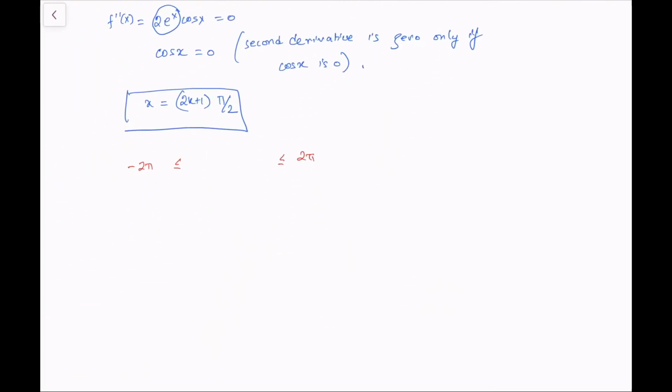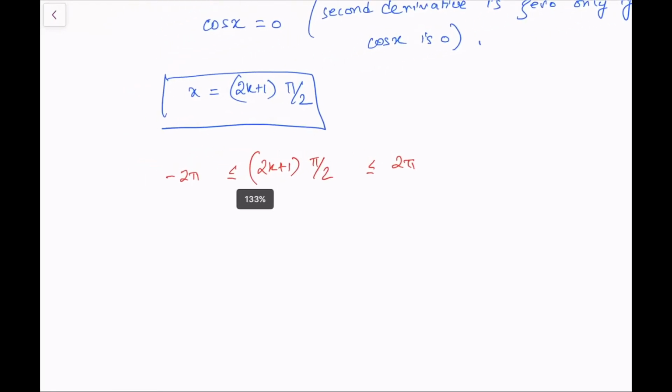Let's find out for what value of k x is between negative 2 pi and positive 2 pi. So we can easily divide by pi and we get negative 2 less than or equal to (2k plus 1) by 2 less than or equal to 2.